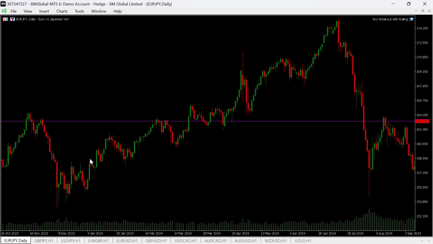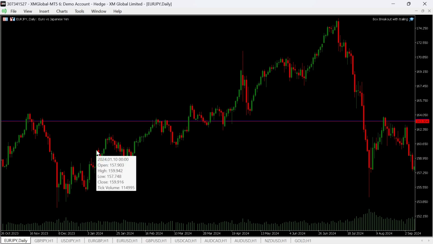Let's skip this one because it's almost in a consolidation. Let's talk about this one. This is a high, and of course it's higher than this level here, and then price came down to form a higher low which is higher than this one, and then price broke past this high to form this higher high here.